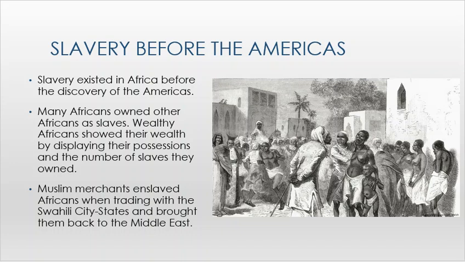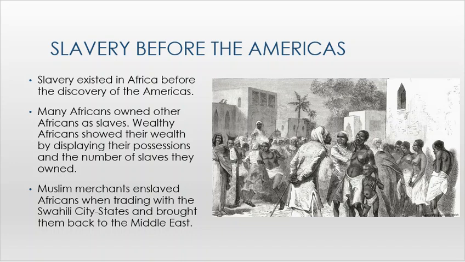So we have slavery in Africa itself. Many Africans owned other Africans as slaves. This was a common practice. In Islam, it was fine to have a slave or two, so that isn't a new institution.